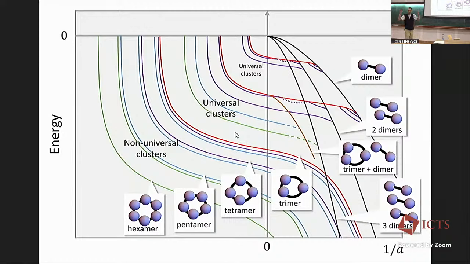It's simply an infinite tower of bound states, which happens at the point where the interaction strength is tuned so that the two-body correlation length becomes infinite.